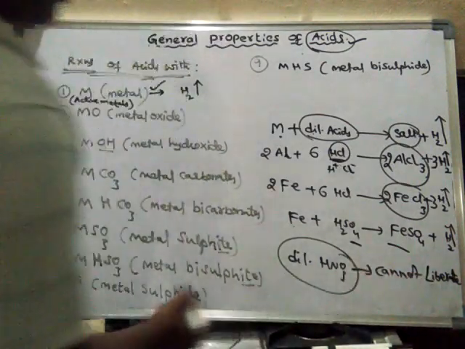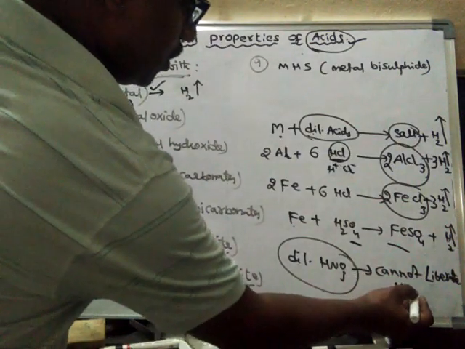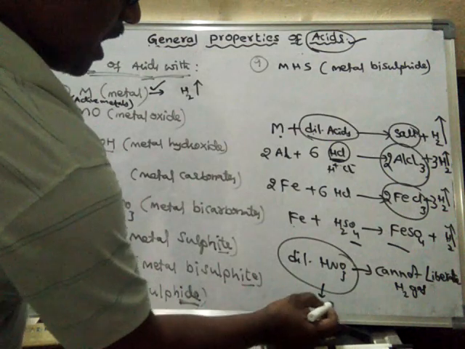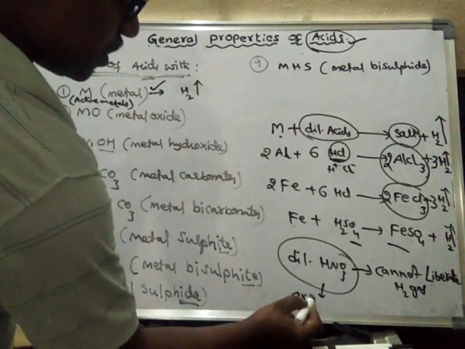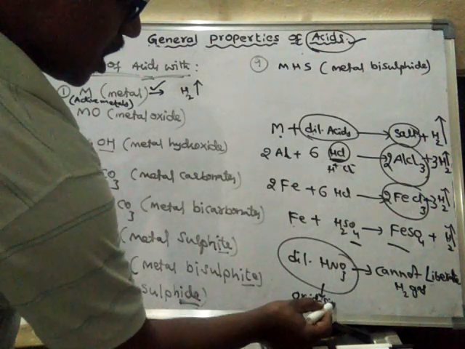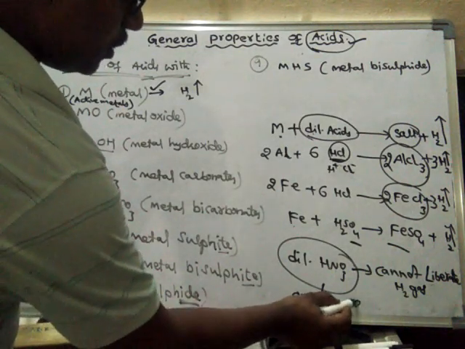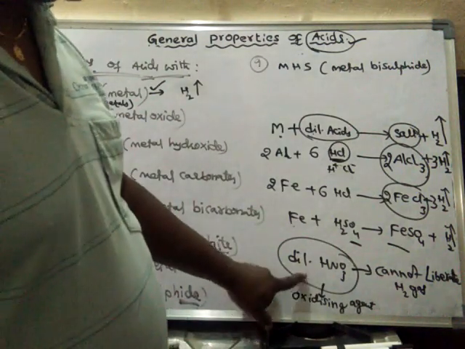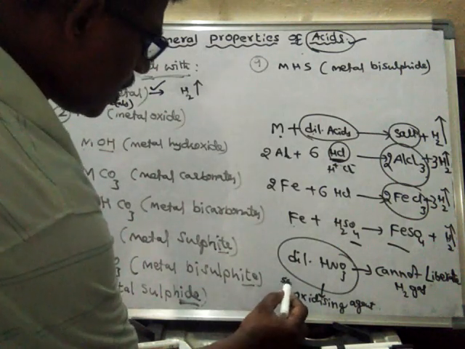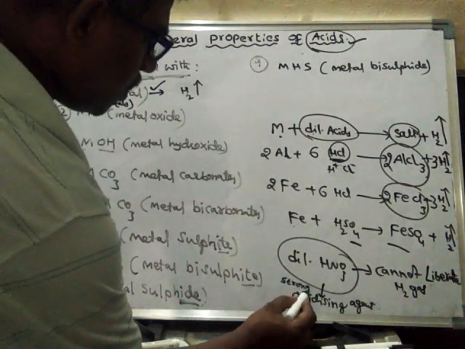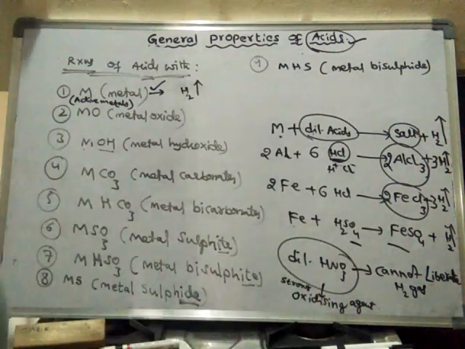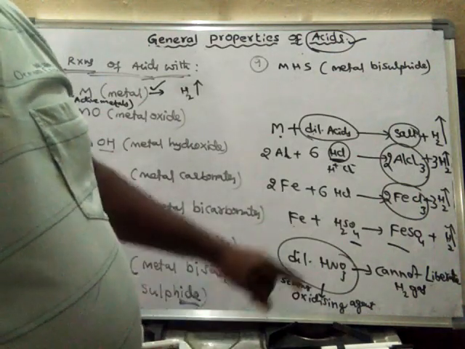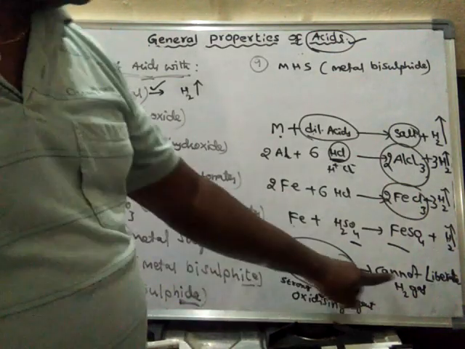Dilute nitric acid cannot liberate H2 gas, because it is a strong oxidizing agent. Even dilute nitric acid is a strong oxidizing agent. Hence it cannot liberate hydrogen gas.